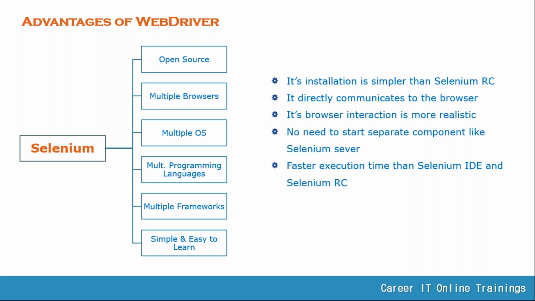Then the next advantage of Selenium is that it supports multiple browsers. It's not limited to only one browser. You can run your automation scripts in popular browsers like Google Chrome, Mozilla Firefox, Microsoft Edge, IE, Safari, and Opera.